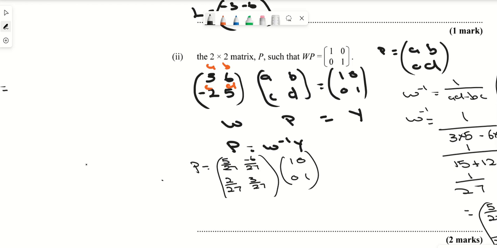So we're multiplying 5 over 27 multiplied by 1, that's this one here, plus minus 6 over 27 multiplied by 0. That's your first thing.